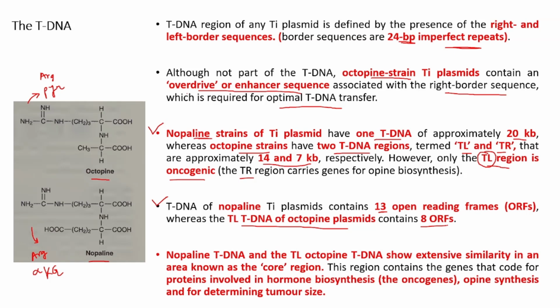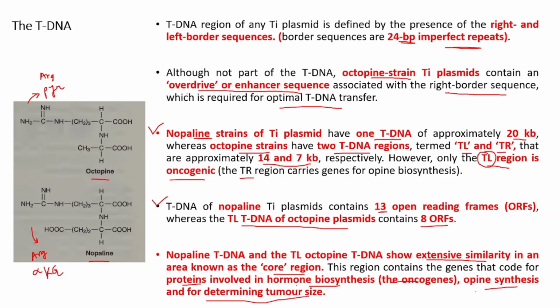Now, although there are certain points of dissimilarity between the nopaline Ti plasmids and the octopine Ti plasmids, in some portion they show extensive similarity, which is called the core region, and this core region is actually the region which codes for certain proteins involved in hormone biosynthesis, more specifically the oncogenes, opine synthesis, and for determining the tumor size.